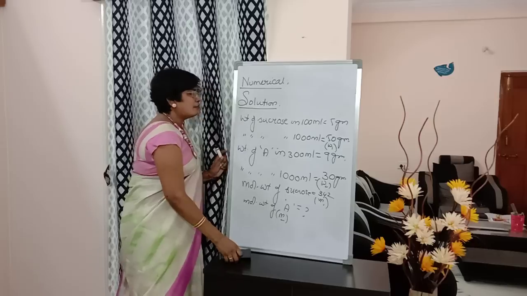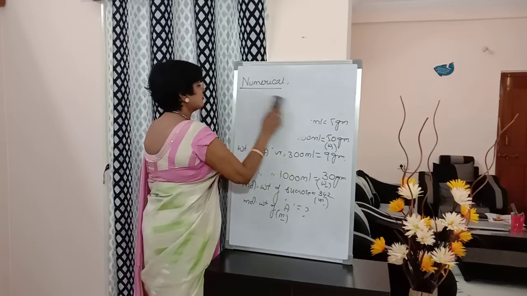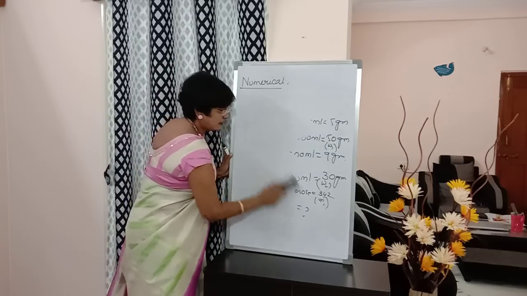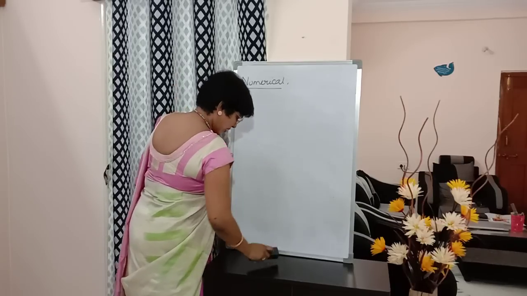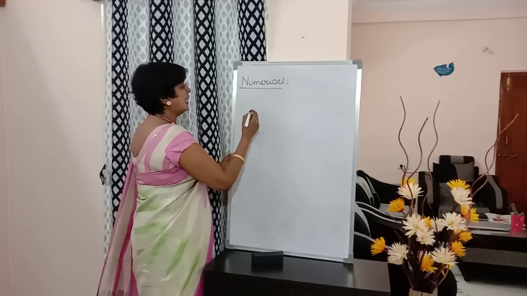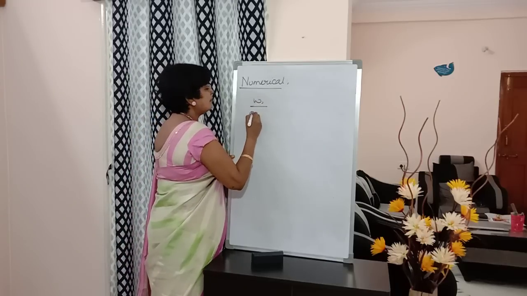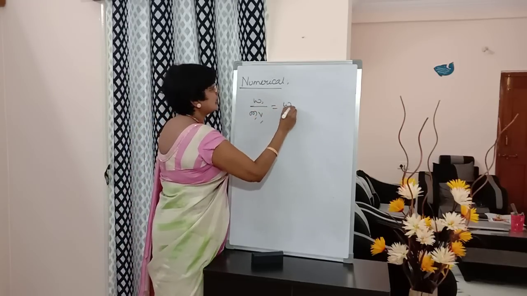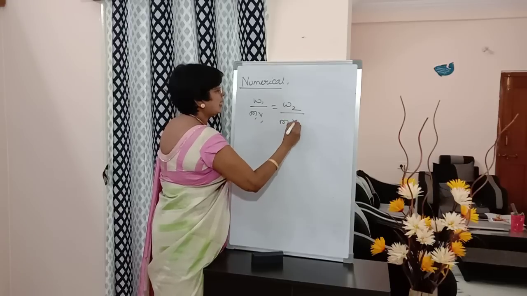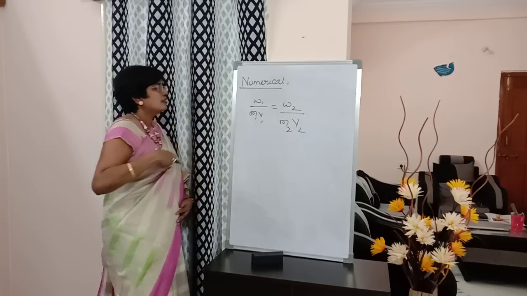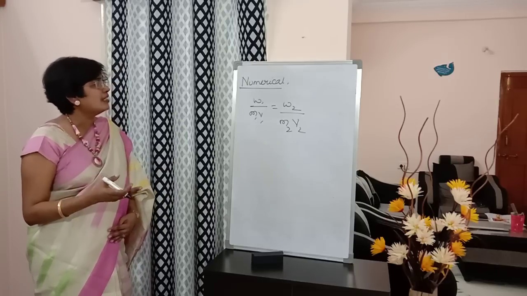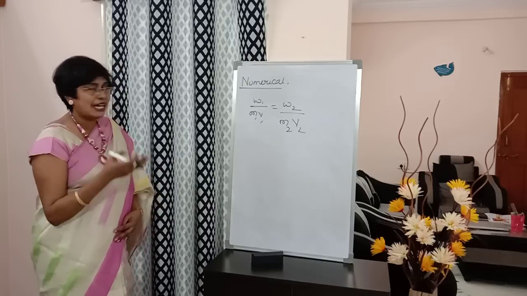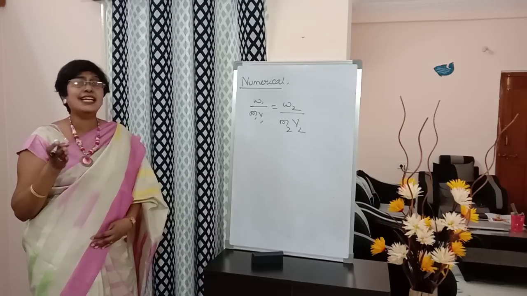Okay, next. So write down the formula now. So what is the formula students? W1 by M1 V1 is equal to W2 by M2 V2. Okay. So we have W1, we have M1, we have V1, we have W2, we have V2, but we do not have M2.